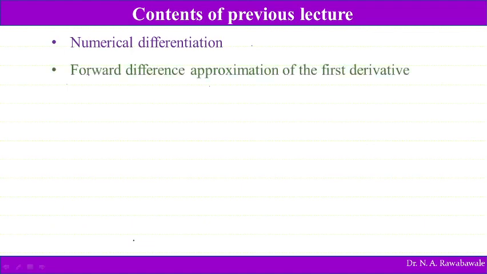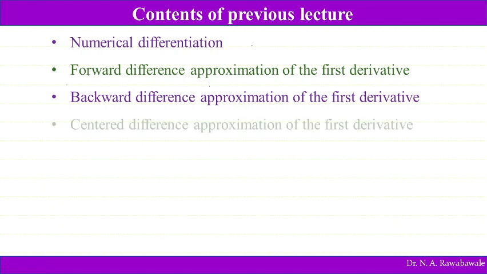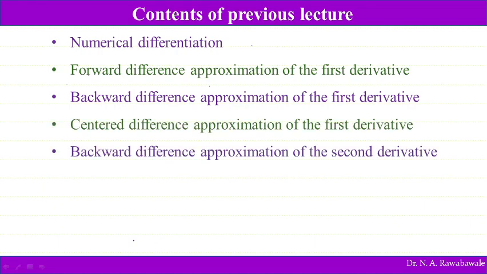In the previous lecture, we have seen numerical differentiation: forward difference approximation of the first derivative, backward difference approximation of the first derivative, and centered difference approximation of the first derivative.